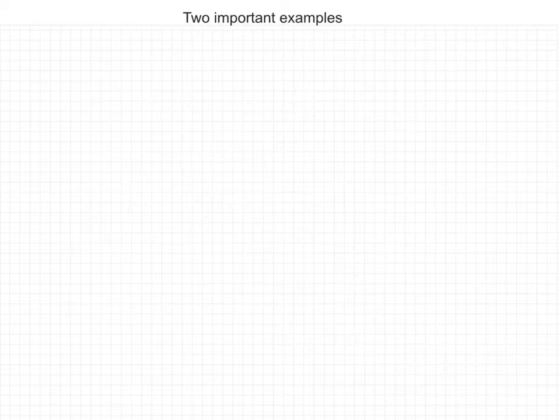Well, here are two important examples. Let's say you have this situation: you have the 0 vector space, so that's the set which contains only the 0 vector. You have the vector space U, and you have a linear map. Well, there's just one, because the 0 has to map to 0 in U, so we don't even give that linear map a name.